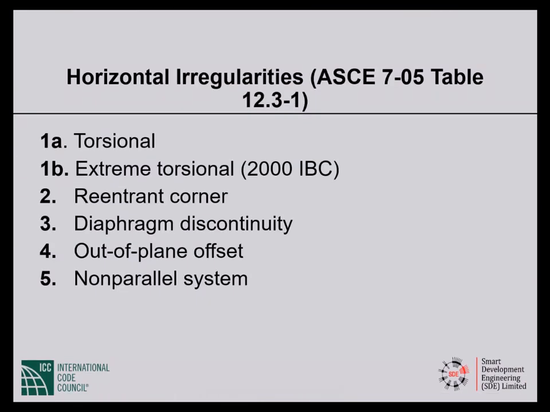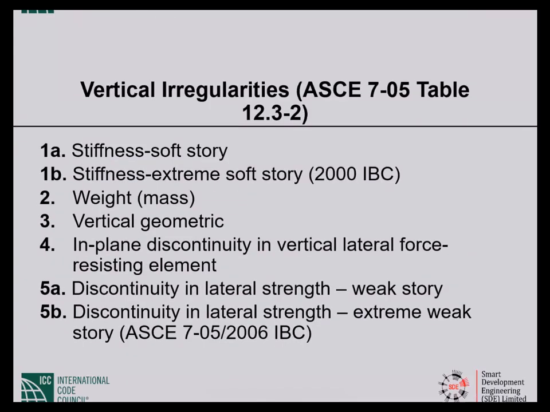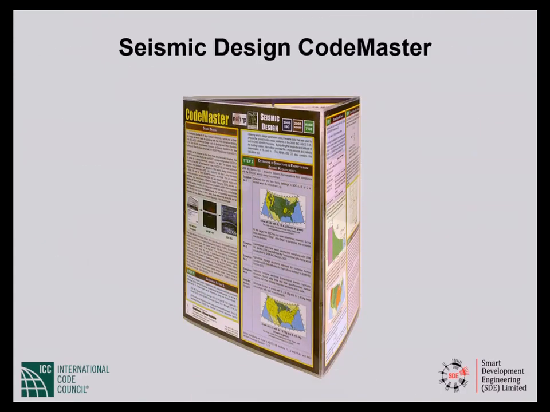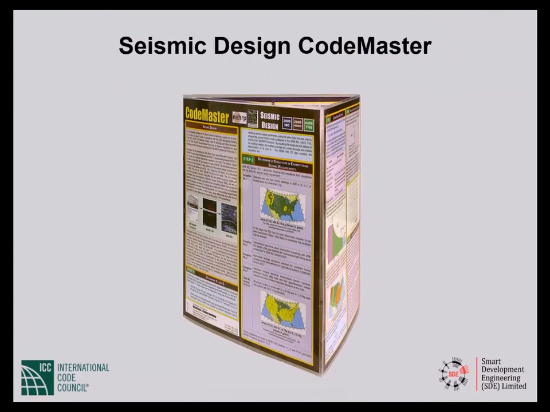You have already seen the horizontal irregularities, ASCE 7-05, and vertical irregularities. I hesitated, but then I kept this in. At our company SKJ we create these so-called code masters.